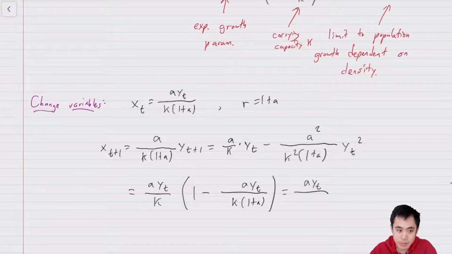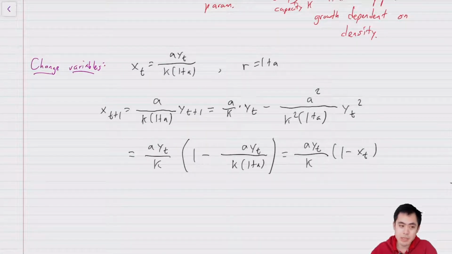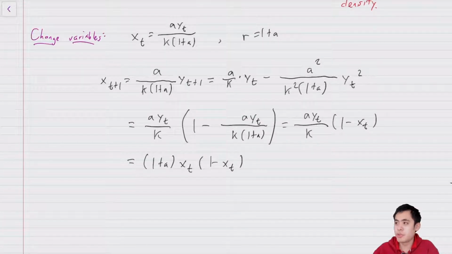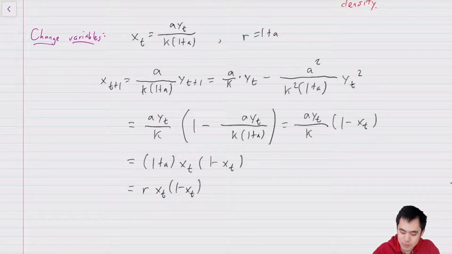So this is a y_t over K times (1 − x_t). But a y_t over K is also just equal to (1 + a) x_t by substituting the variables. This is equal to (1 + a) times x_t times (1 − x_t). And we also set r equal to 1 + a, so that was our other change. And so this thing is equal to r x_t (1 − x_t). And this is x_{t+1}.